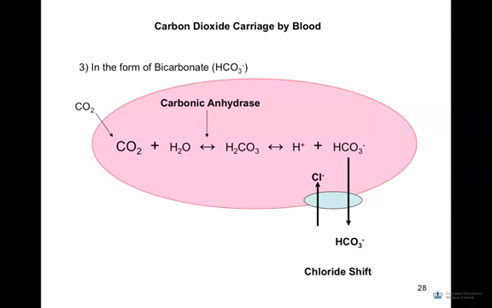So when CO2 levels in the blood rise, the pCO2 of plasma rises, CO2 starts to move into red blood cells, it interacts with carbonic anhydrase, it forms carbonic acid, that forms hydrogen ions that leave and enter the plasma, and HCO3 that builds up and flows out of the red blood cell into the plasma, pulling chloride into the cell.